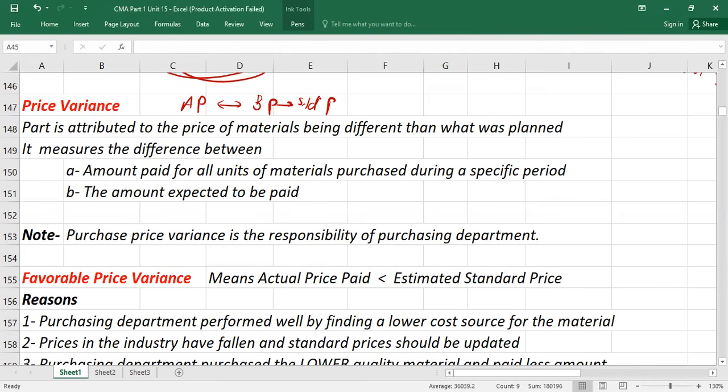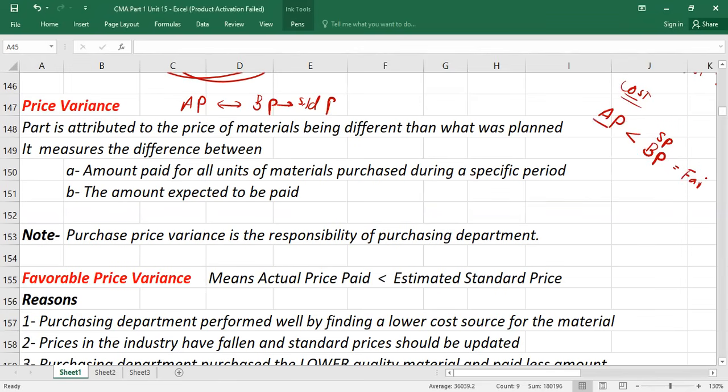The point is, when will price variance be favorable? Obviously, because it's a cost, material cost, if the actual price is less than the budgeted price or standard price, this is called favorable.